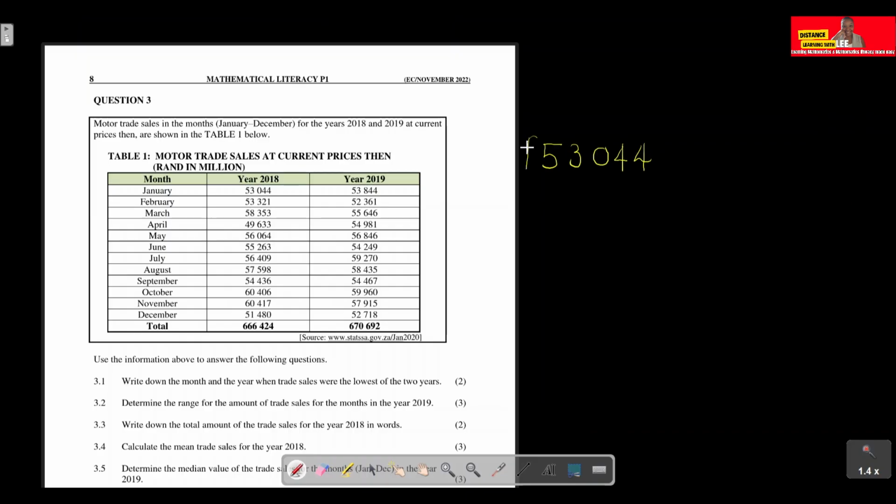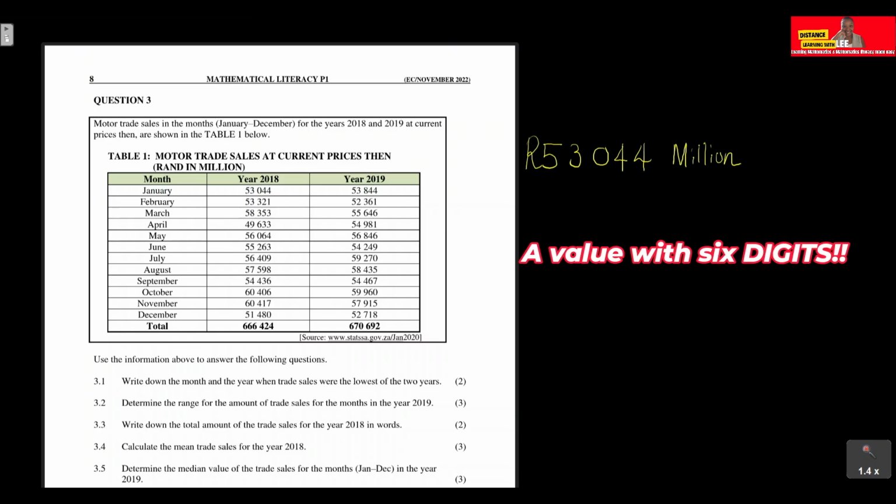53,044 rands in million. Okay, so if we had to now write out this whole value in full, what would it be? That basically means that, guys, we already know that when we're dealing with millions, a million is a value that has 6 zeros. Okay, right?